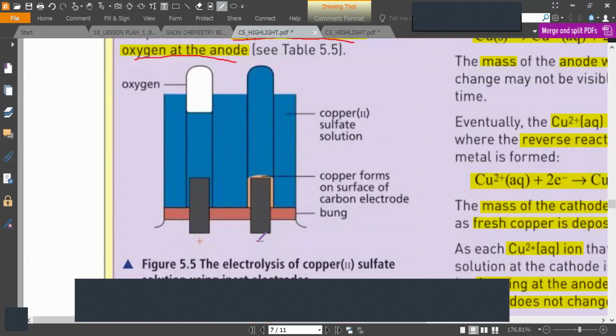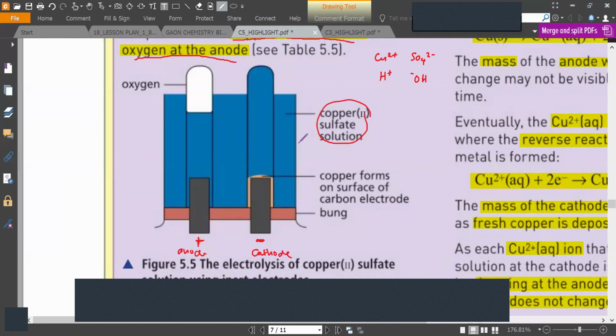Here, this is negative, this is positive. So this is the cathode, this is the anode. Now we have copper sulfate. So we have ions, copper 2 plus and sulfate. And then we also have from water, hydrogen ion and hydroxide.